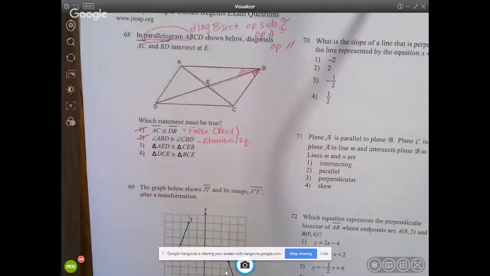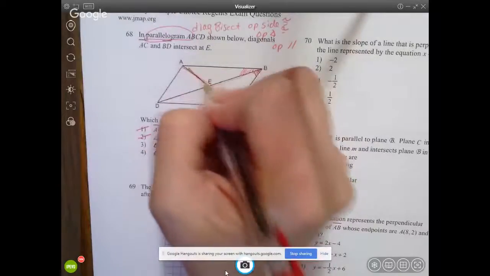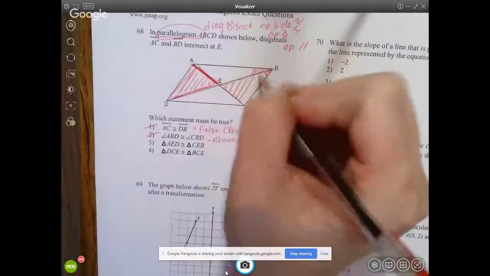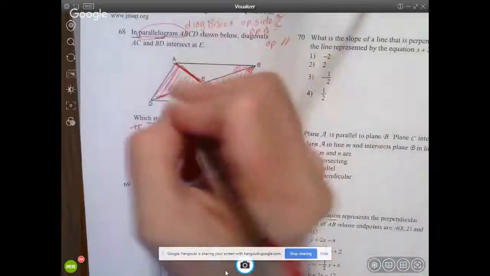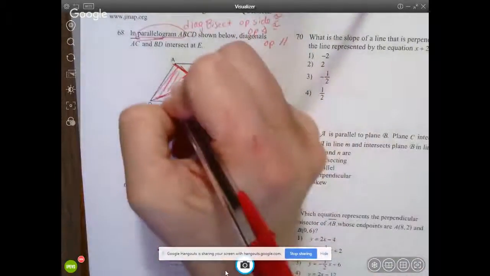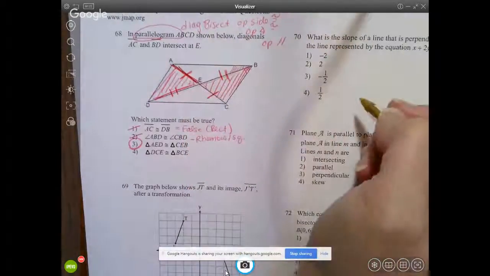Okay, now we have triangle AED. So here's triangle AED. It is congruent to triangle CEB, and that is true. And it's true because the diagonals bisect each other. So AE and CE are congruent. DE and EB are congruent because diagonals bisect each other.